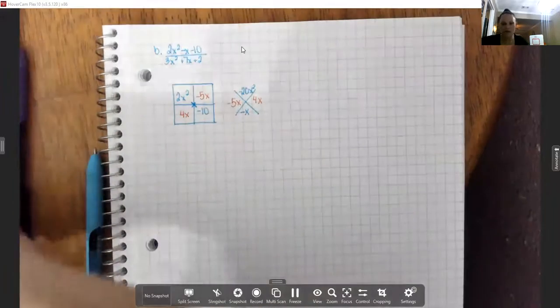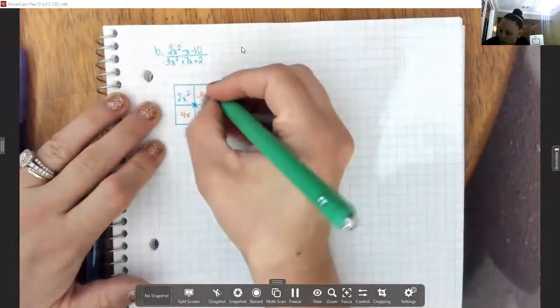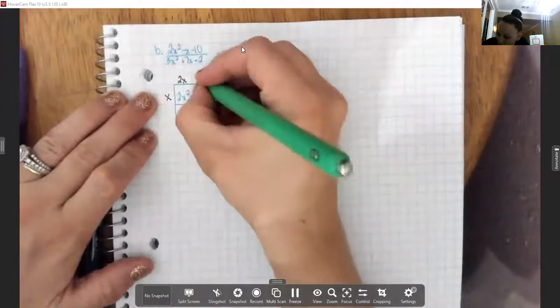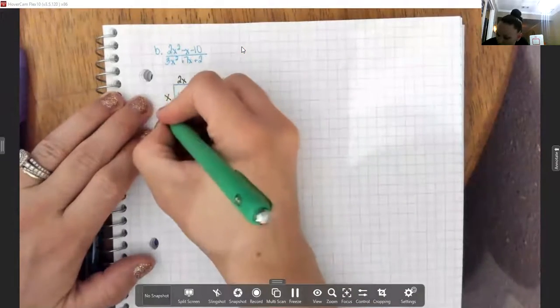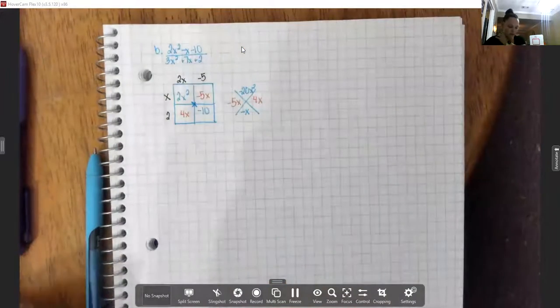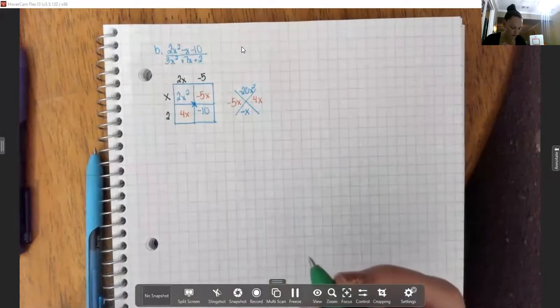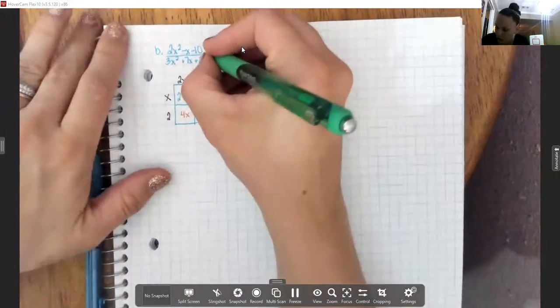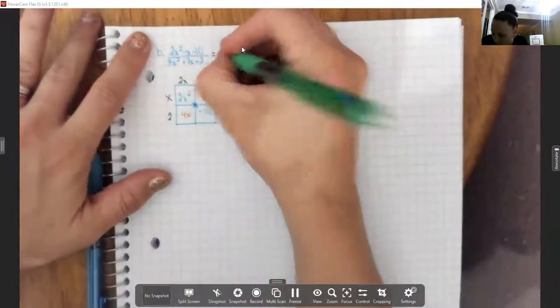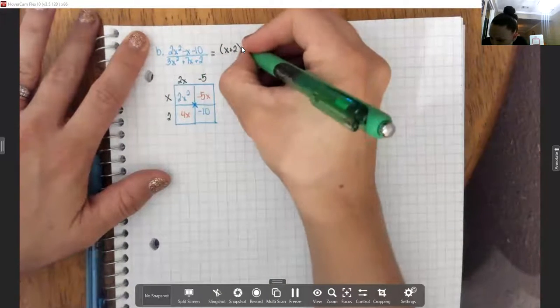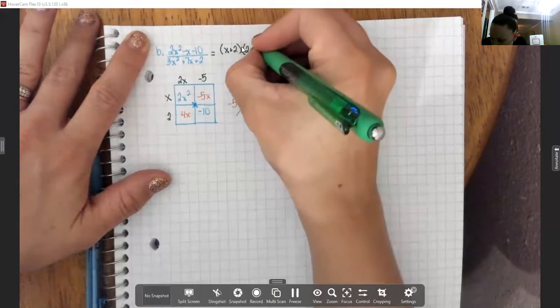So then the outside of my box here, this would be x, 2x, -5, and 2. So the top part, my numerator, can be rewritten as x plus 2 times 2x minus 5.